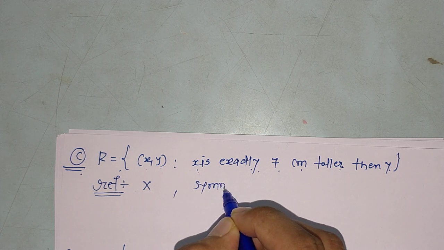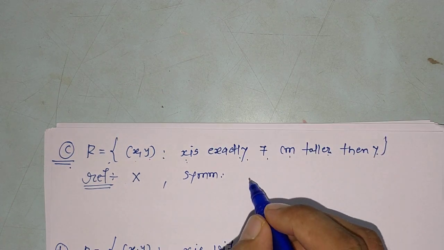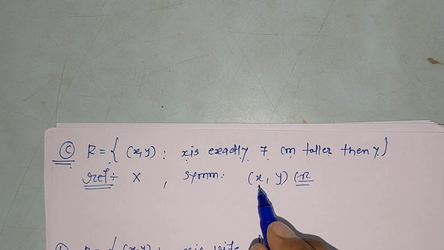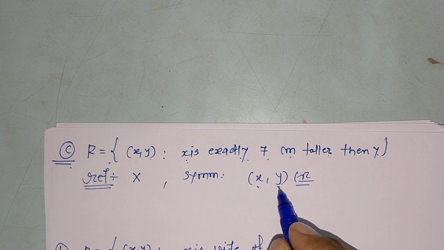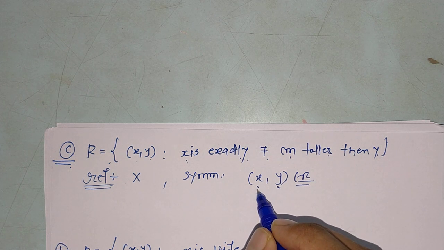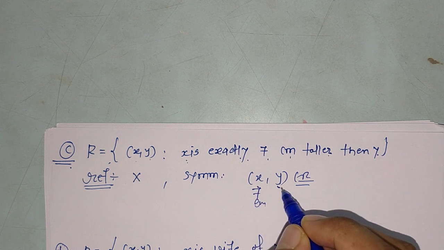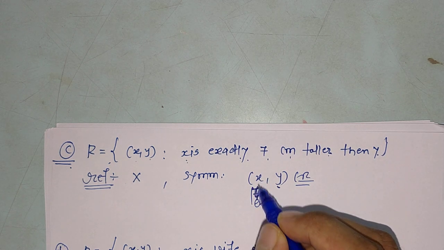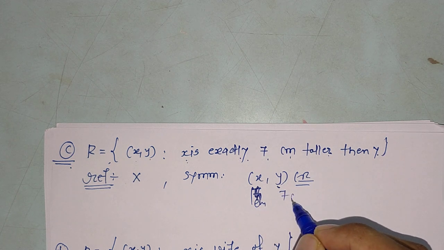Symmetricity. (X, Y) belongs to R, right? It means person X is exactly 7 centimeter taller than Y. Let's take X with height 14 centimeter and Y with 7 centimeter.